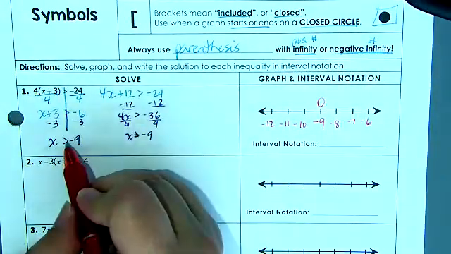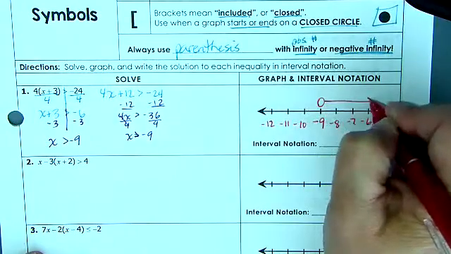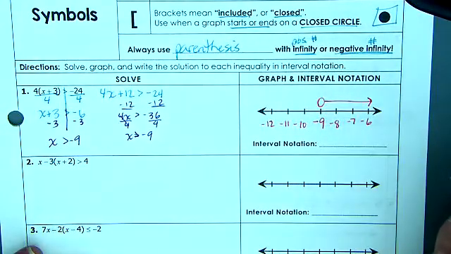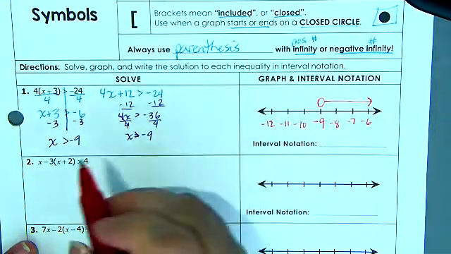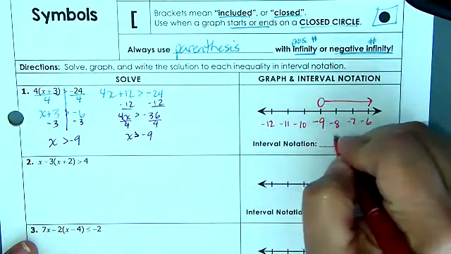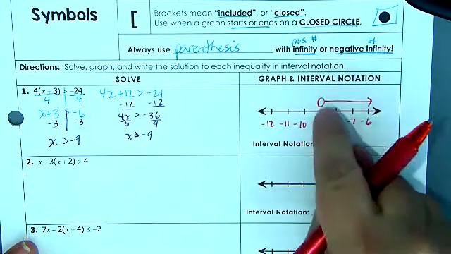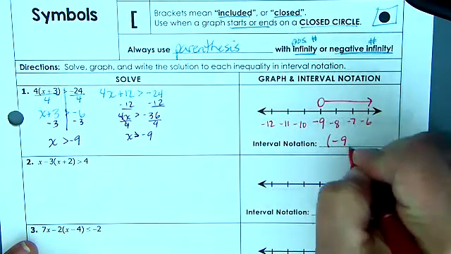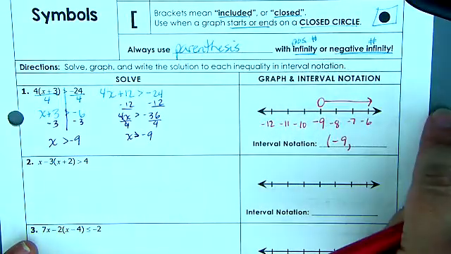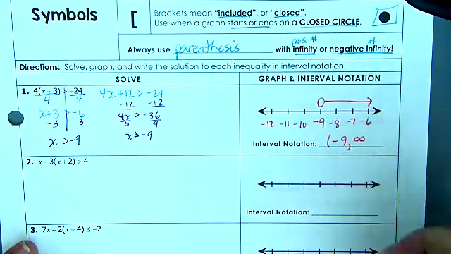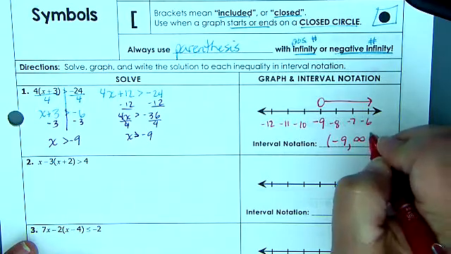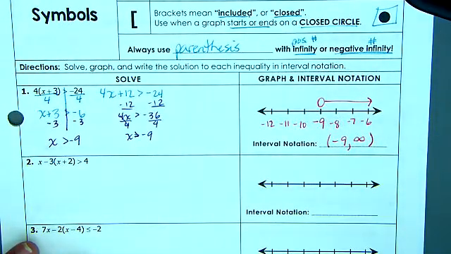It is greater than, so I shade to the right. For interval notation, because it is not equal to, it's a parentheses where it starts, because it's an open circle, negative 9. Now, it never stops going this way, so I do a comma and then infinity because it keeps going. And then because it's infinity, it's a parentheses.